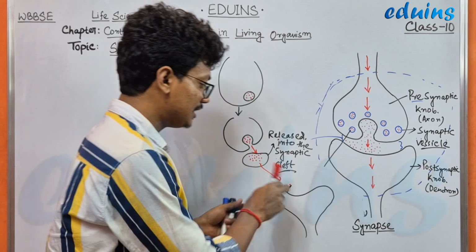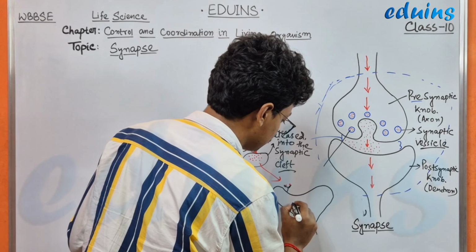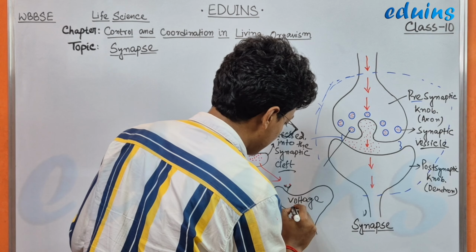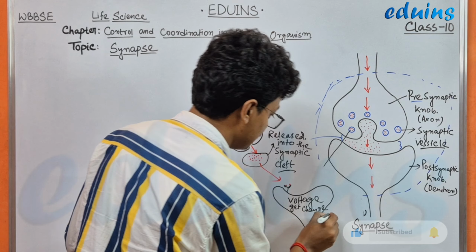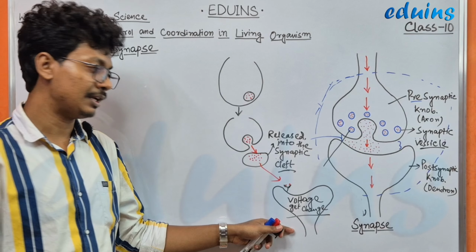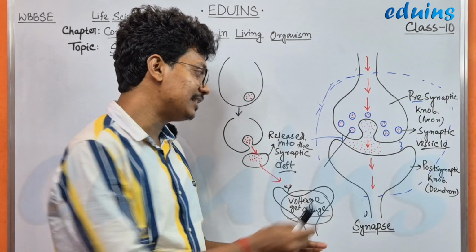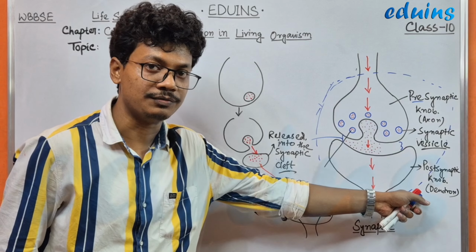By this attachment, the voltage changes inside the second neuron, which was the postsynaptic nerve.